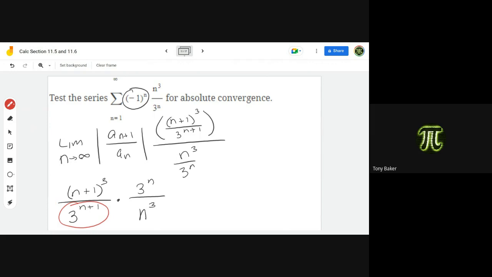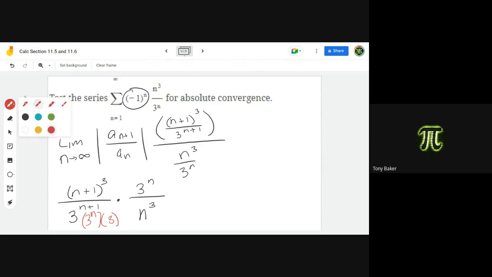3 to the n plus 1 is the same thing as saying 3 to the n times 3, because remember, when you're multiplying like bases, you just add the exponents, right? So 3 to the n times 3 is the same as 3 to the n plus 1.